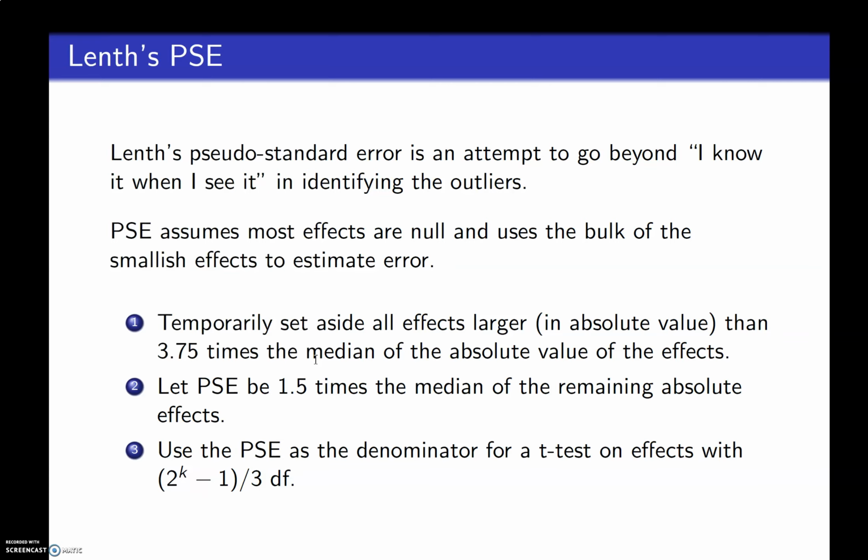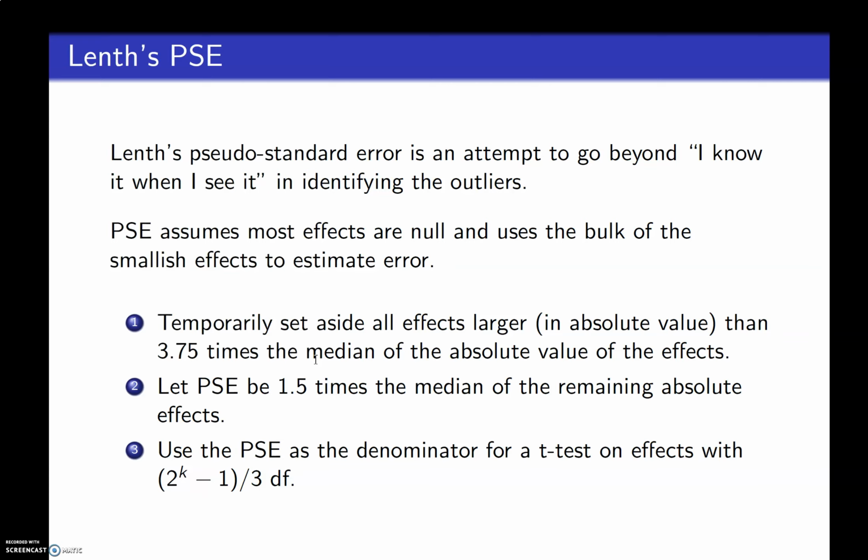You can think about it as being summarized in these 3 steps. You set aside all effects larger than 3.75 times the median of the absolute value of the effects of your model. Those would be called just large effects. When you're more than 3.75 times that median, that gives you pretty good evidence that it is a larger than average effect, whether it be a large positive effect or a large negative, hence the absolute value.